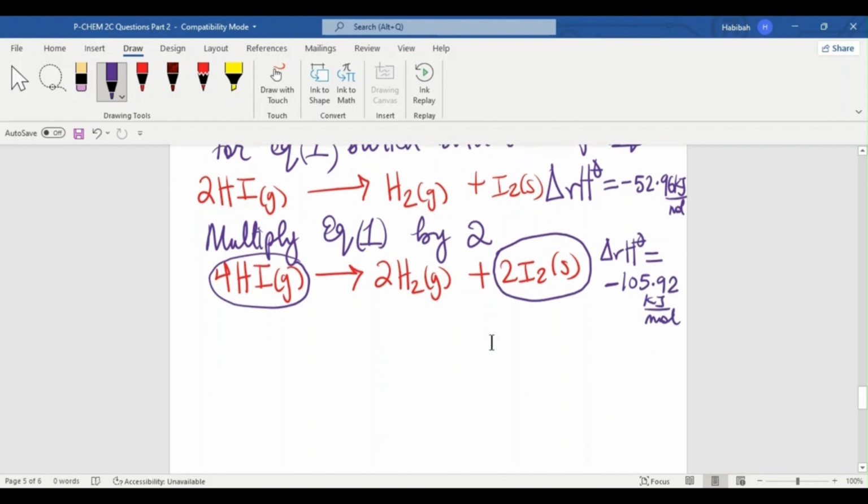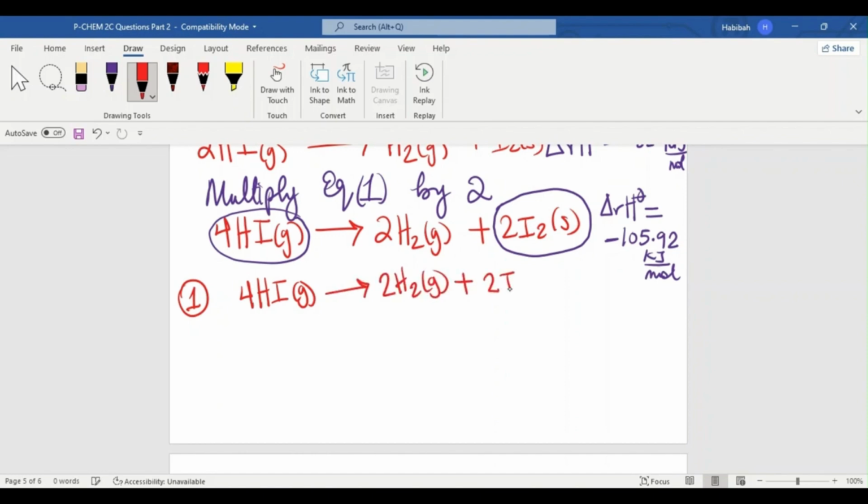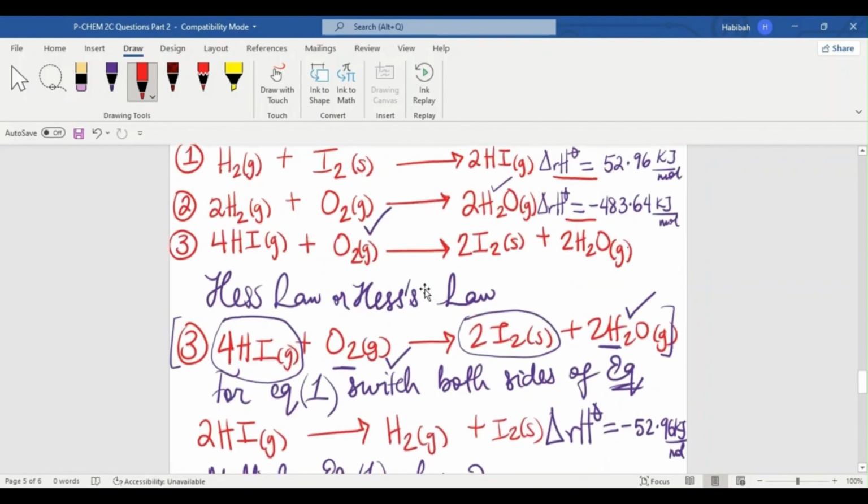Now, we have equation 1 and we have equation 2. So let's rewrite equation 1 and equation 2. Equation 1 is now 4HI gas gives 2H2 gas plus 2I2 solid, and then equation 2 remains the same. We're not multiplying by anything, we're not switching both sides.